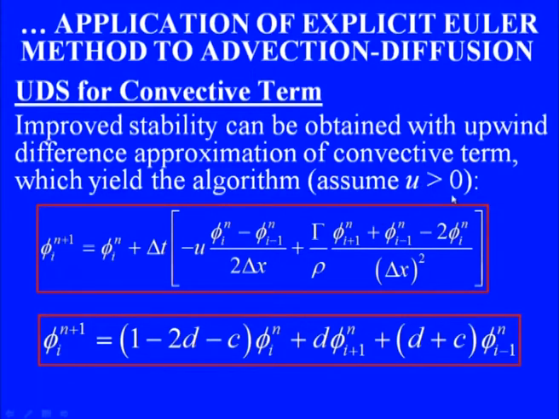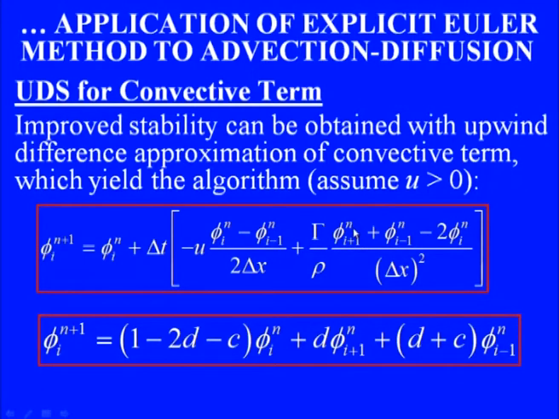So, if we assume u to be greater than 0, that is flow is from left to right in x direction, upwind difference approximation for del phi by del x would be phi I n minus phi I minus 1 n divided by delta x, this factor of 2 should be missing there, plus gamma by rho, the second term is a central difference approximation for del 2 phi by del x square.